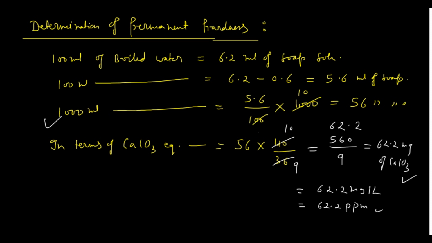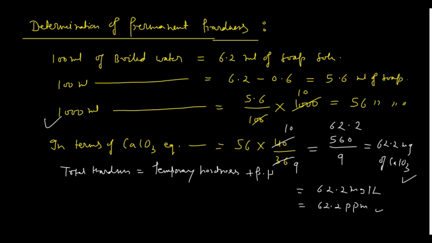And if you subtract the value of the permanent hardness from the total hardness, then you will get your temporary hardness, right? So you need to do the calculation for the temporary hardness also. I am simply doing this thing: total hardness equals temporary hardness plus permanent hardness.